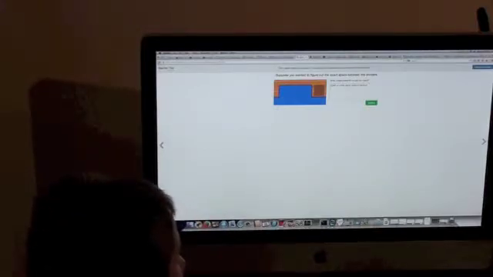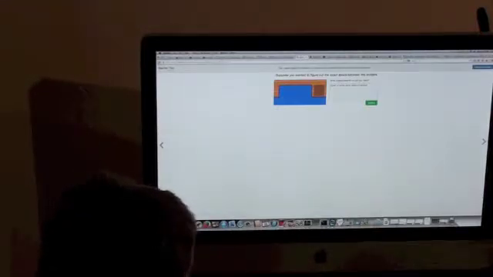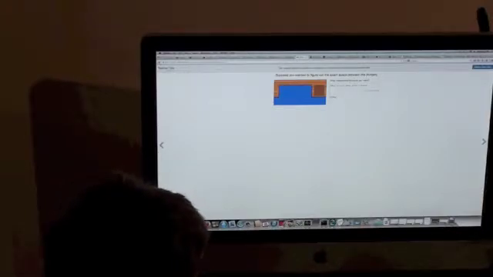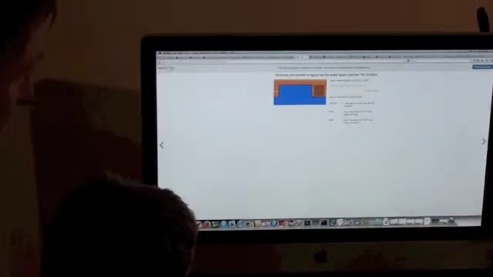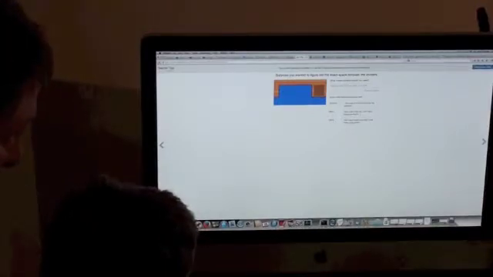Okay. So you need the length of the whole space and the length of the dividers. Okay, put that in. I don't know if it's going to say yes or no. I don't know how I would even know how to read that, but okay. So there's some other people's answers.